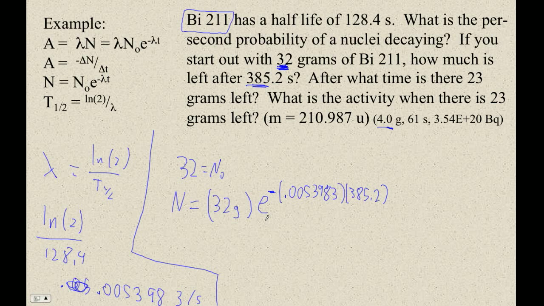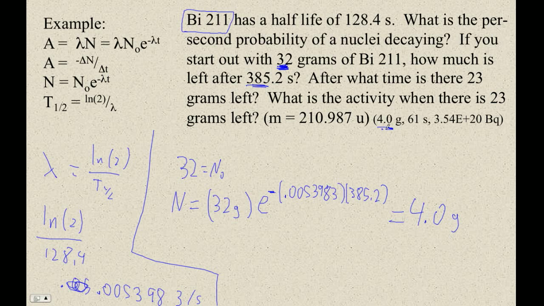Oh, there it is. E to the parentheses negative a times 385.2. And when I do that, it equals exactly 4. My calculator says 4, and then we could say 4.0 grams, right?